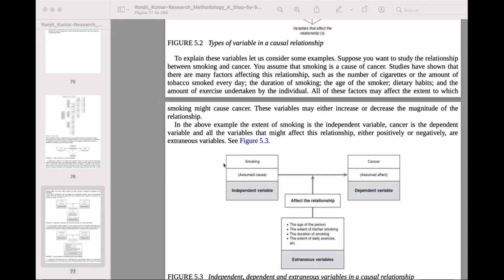Experimental designs can be carried out in controlled environments or in natural environments. So if you are in a controlled environment, you introduce the intervention or the stimulus, the independent variable, and study the effects, the results, the dependent variable in a special environment.